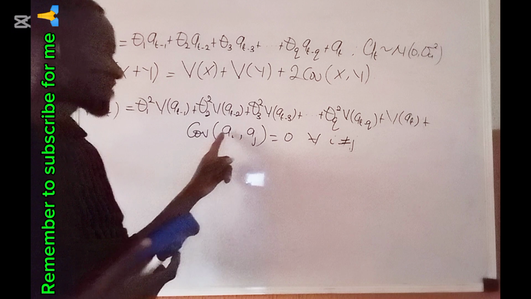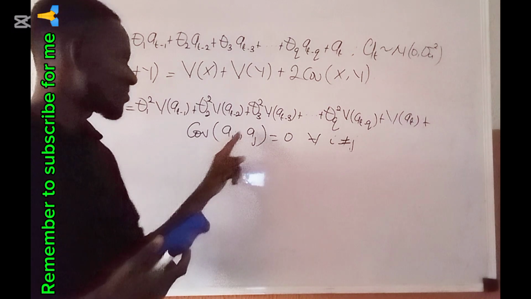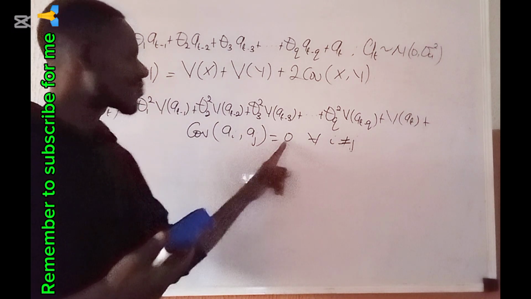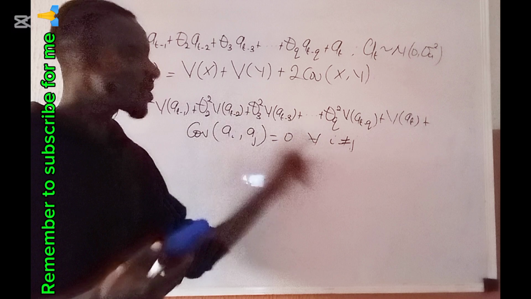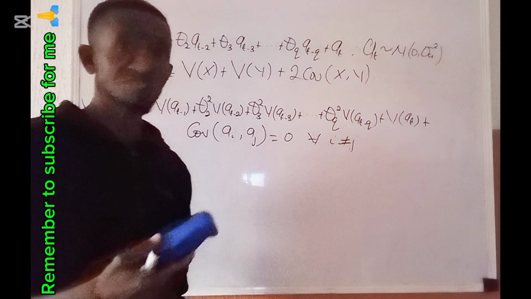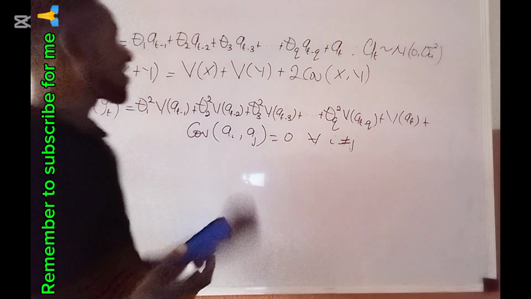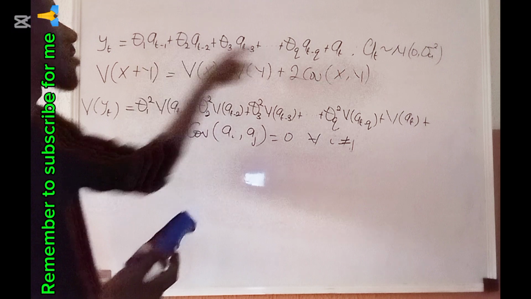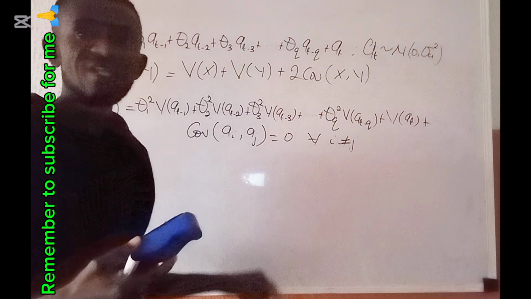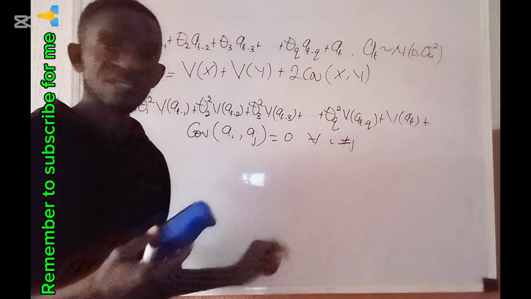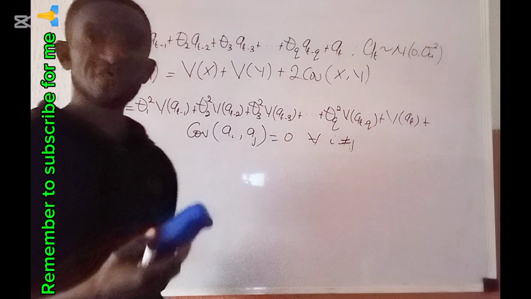That the covariance of a_i and a_j is equal to 0 as long as i is not equal to j. By implication, when you are taking the pairs of all these terms, definitely i is not equal to j, and then the covariance will become 0.